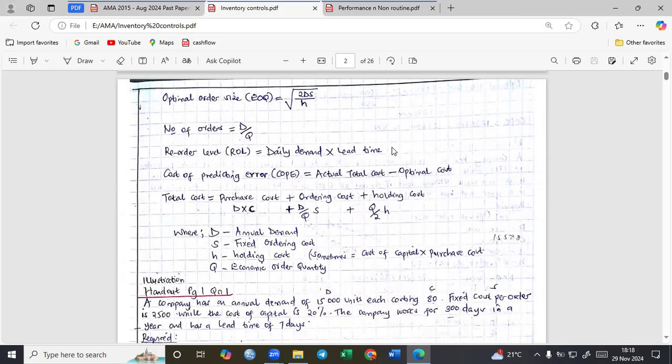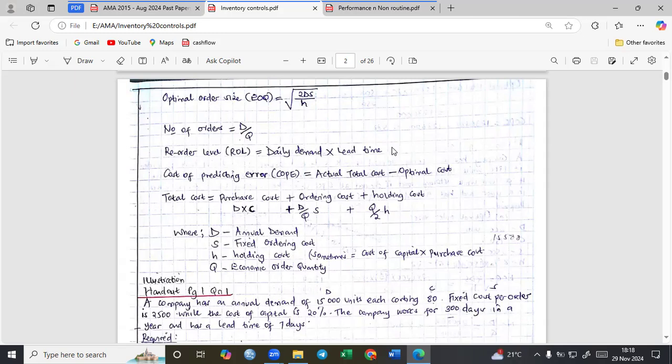Where D is our annual demand. S is setup cost, or you can call it CO, which is also setup cost. H is holding cost.